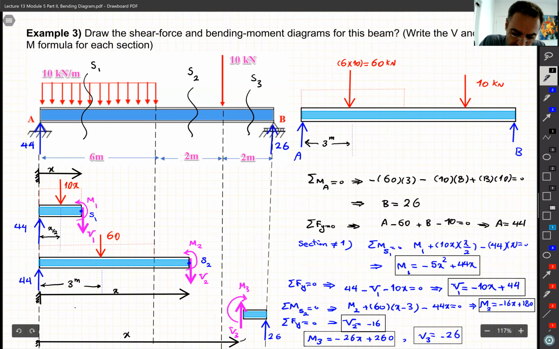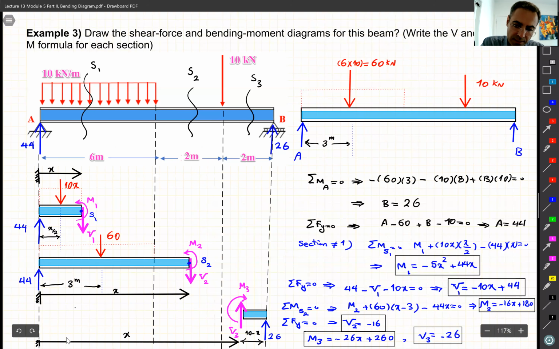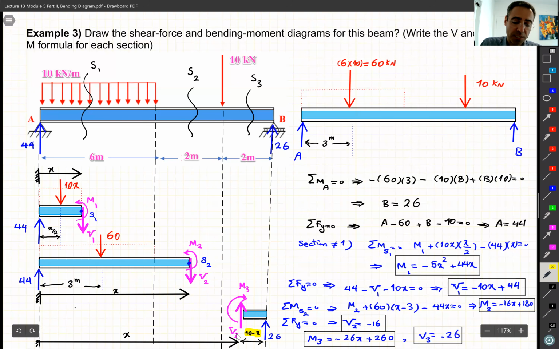And then this distance, therefore, is the whole thing minus X. The whole thing is 10 meters, so this distance is 10 minus X. Be careful about that. So no matter where you do the section or which side you pick, left or right, our coordinates always start from the left and go up to the point where your section is, X.